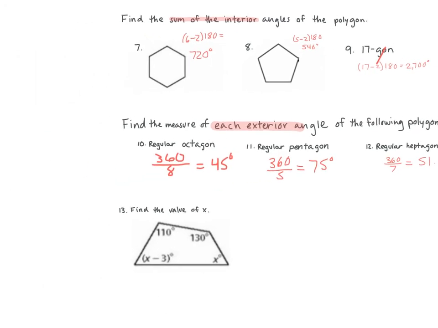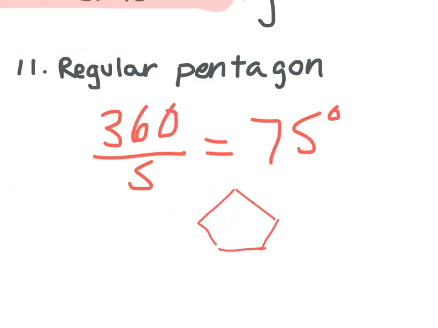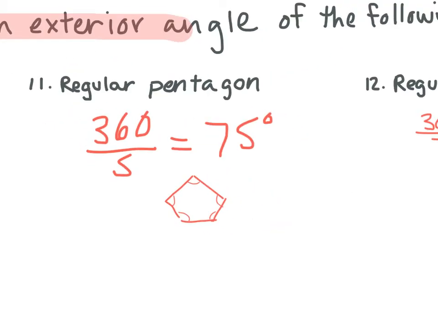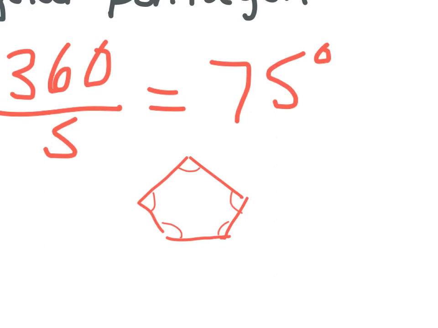Like for a regular pentagon, we're saying that all of the sides, okay, this is not a regular pentagon. All of the angles here are going to be 75. So we wouldn't be able to do an equation like this unless it told us that this was x, this was 2x, if it was irregular.